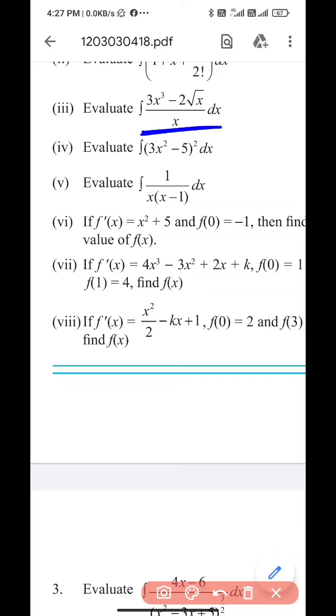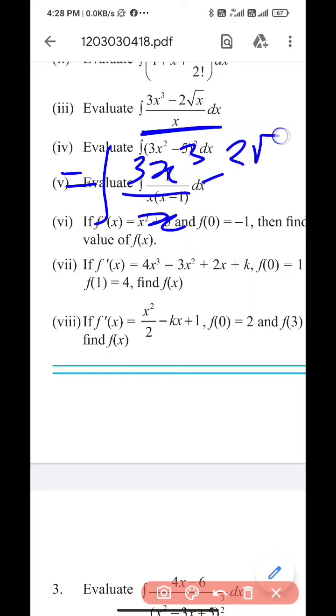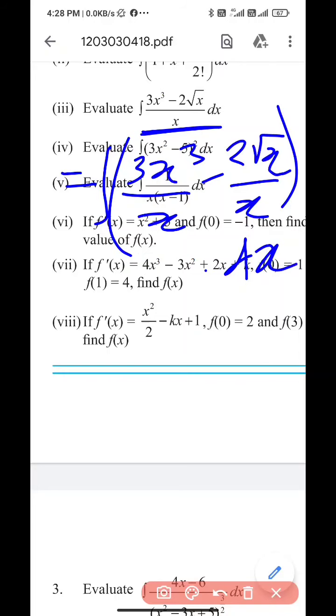So we have to make some adjustments over here, and that's what you always should look for. Here we can separate the denominator as it is common, so we can write the integration of 3x cube divided by x minus 2 root x divided by x, and both are integrated with respect to x.